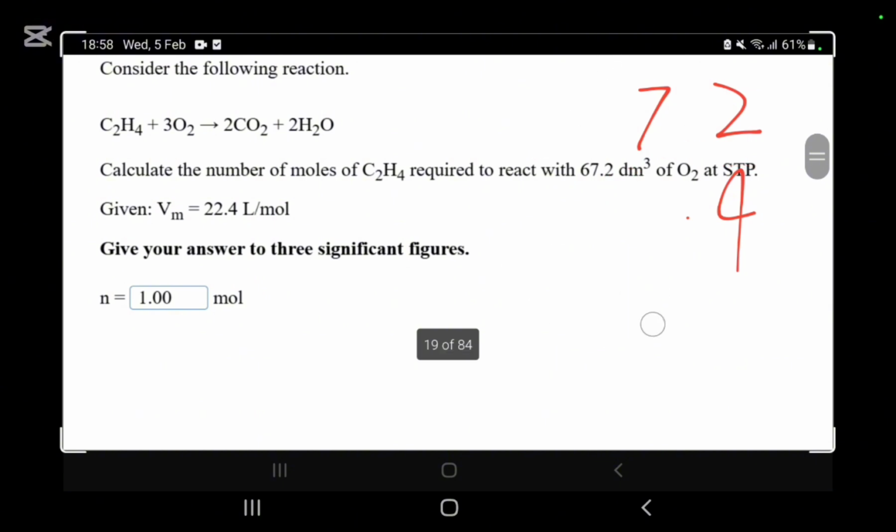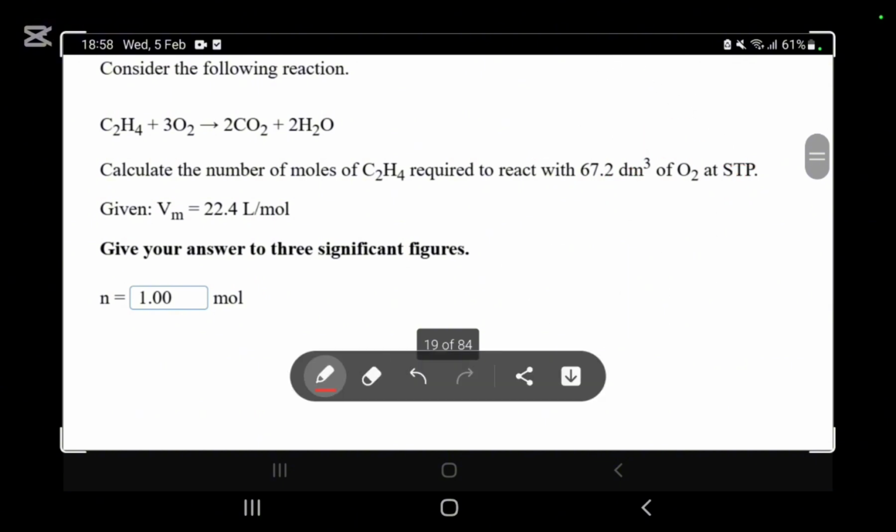Okay, so now we know that oxygen has 3 moles. Now from here we can see that the moles is equal to the coefficient, which means that it implies for every other compound. So that means the moles of C2H4 is also gonna be 1.